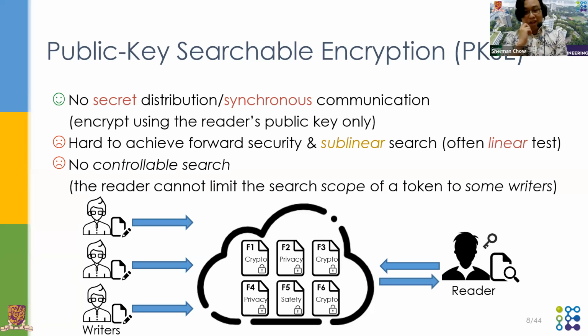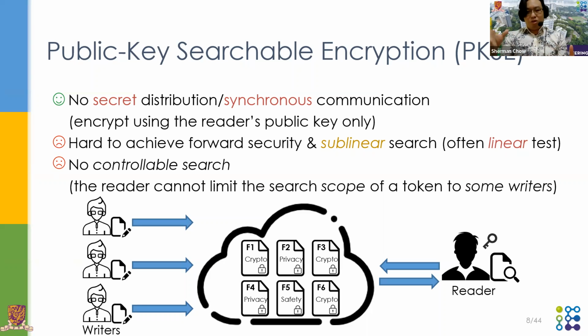That's linear search in the size of the database, which is not good. And there is also another requirement which actually affects both security and efficiency. I call it controllable search. There's no controllable search supported, meaning that the reader cannot limit or confine the search scope of a token to just some particular writer. Yes, there can be a trivial approach, but in general, that is not well supported.